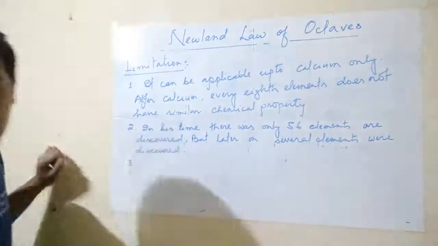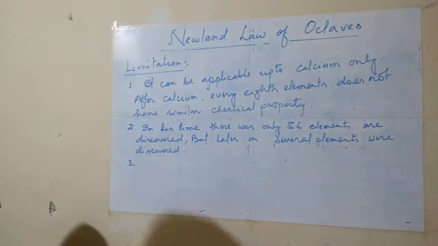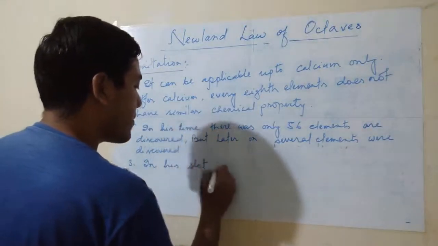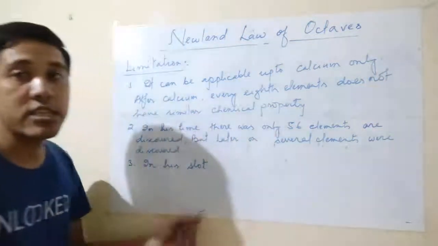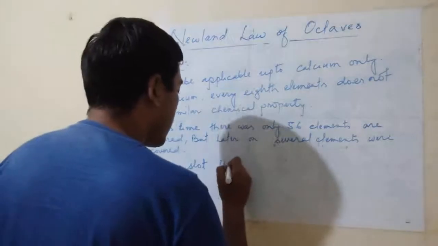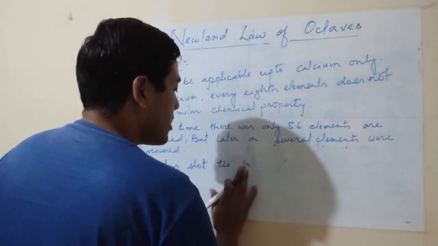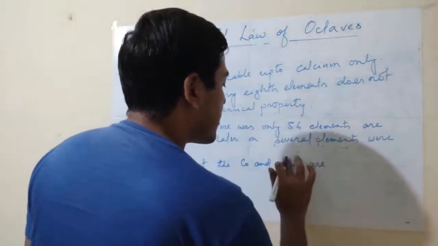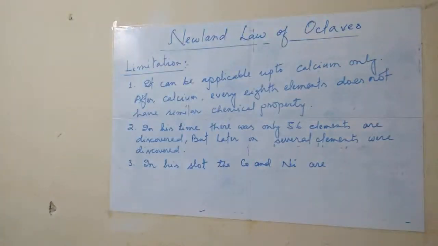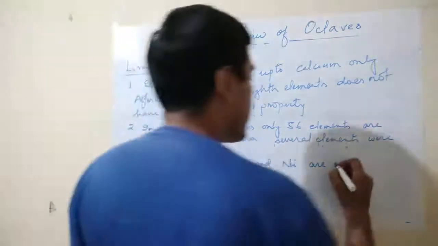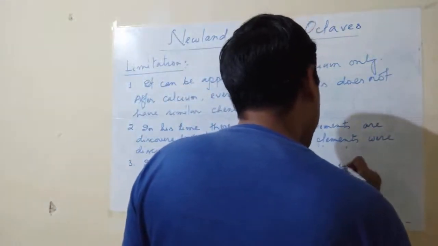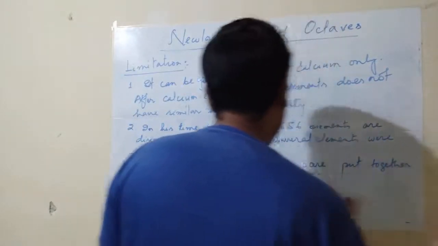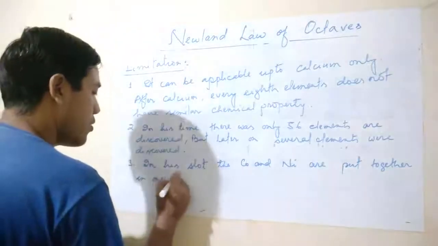The number three is the most important part. In his slot, the properties of cobalt and nickel are put together in one slot.